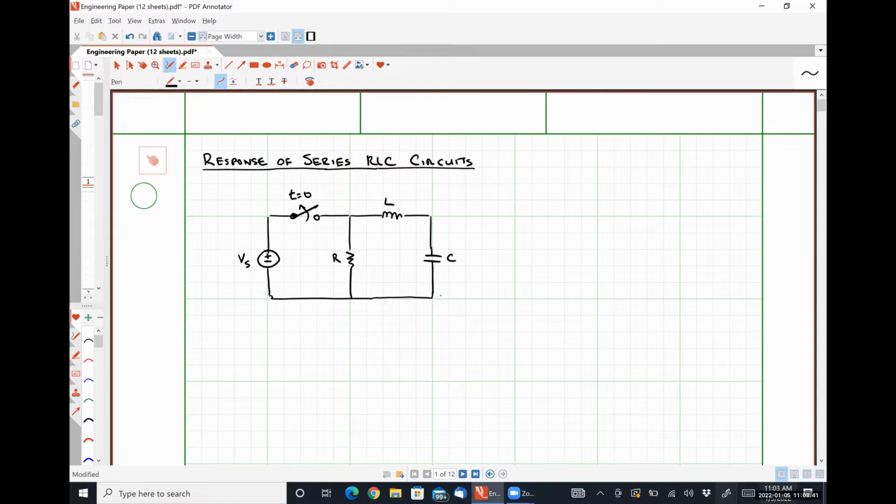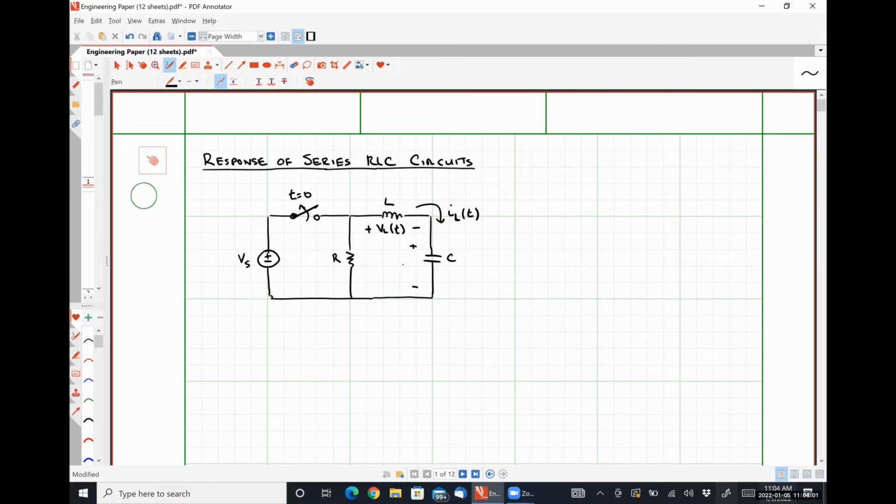And I'm going to define my inductor current flowing in this direction, IL of t, such that the voltage drop over my inductor VL of t will have this polarity.